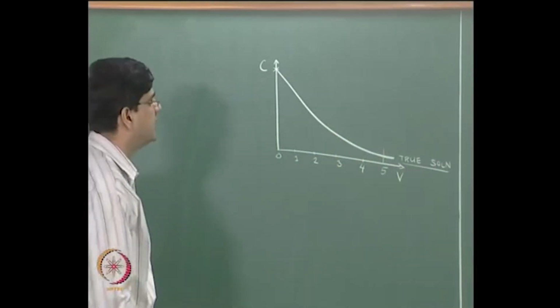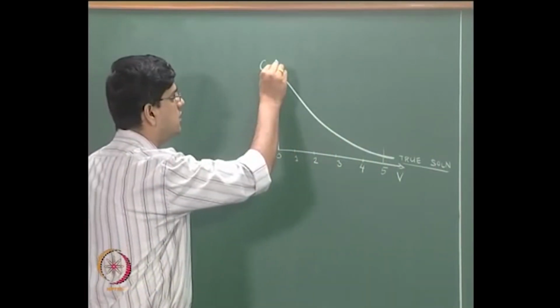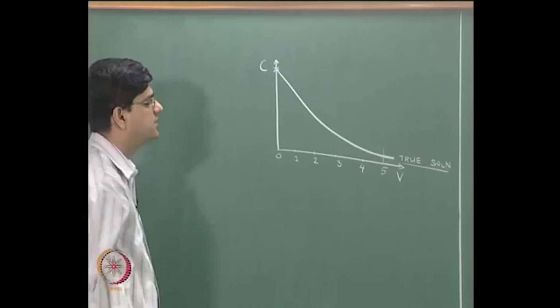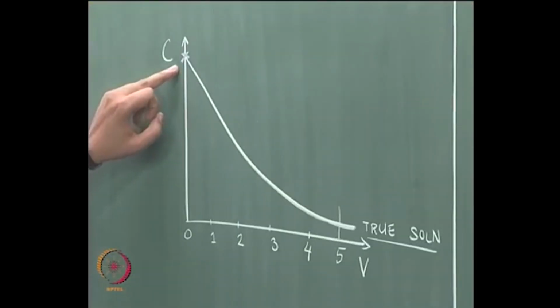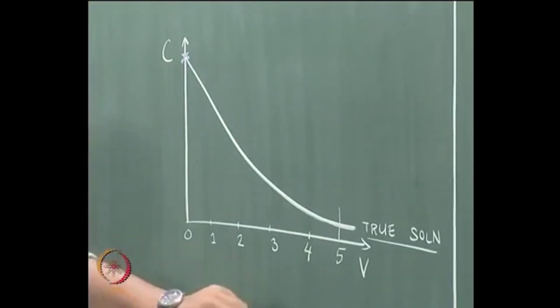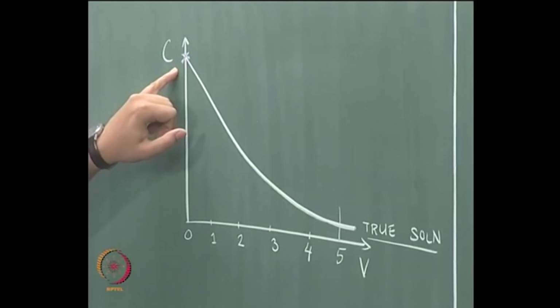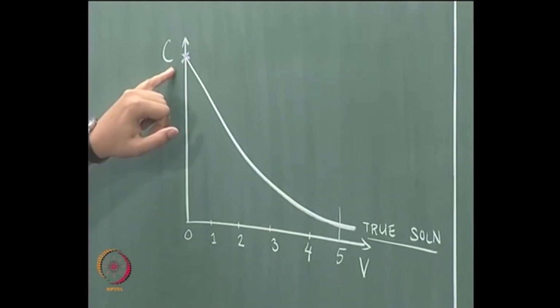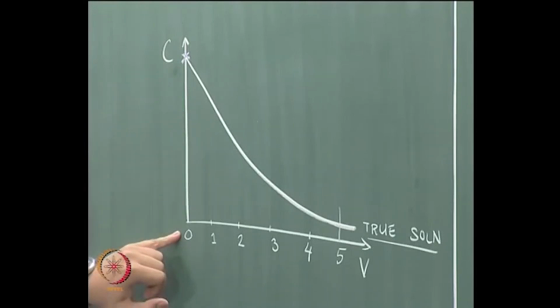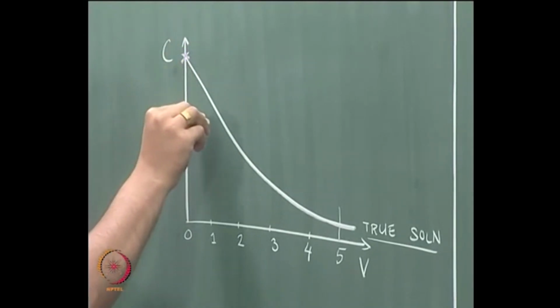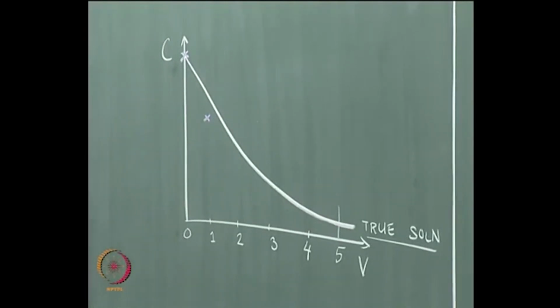Now let us say that we use a numerical method, RK4 type of a numerical method, in order to compute the same values at 0, 1, 2, 3, 4 and 5. Now we are starting off again at the same concentration C equal to 1 at volume V equal to 0. We use the chosen method, say the RK4 method once, and from this particular point we reach this point over here.